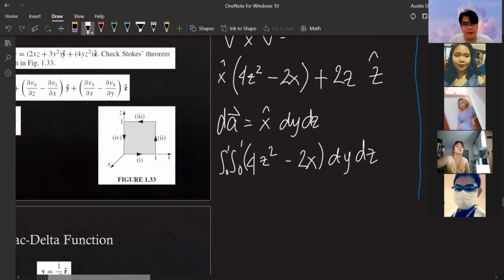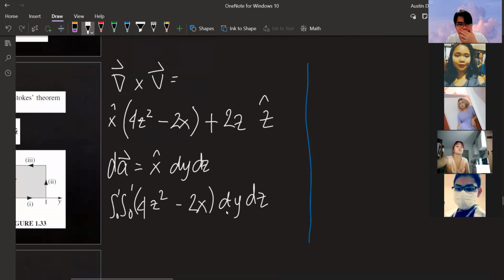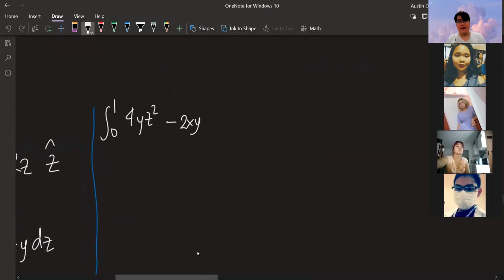All right. Let's evaluate. Integrate natin dy. Madali lang dahil magkakaroon lang tayo ng mga y dun sa mga values natin, sa mga elements natin. So that is just, sulat natin, 4yz squared minus 2xy. And then you'll have to evaluate that from 0 to 1.